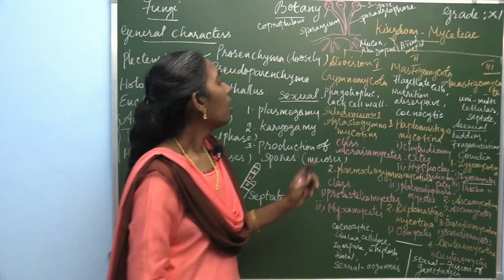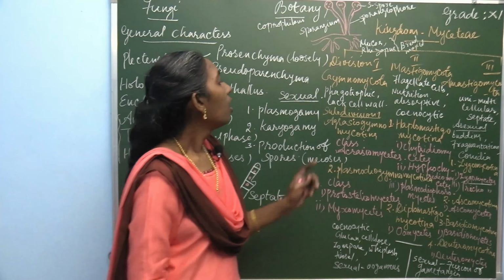Now these three divisions are subdivided into several types. The subdivisions of Gymnomycota are Acrasiogymnomycotina and Plasmodiogymnomycotina. So Gymnomycota is subdivided into two.